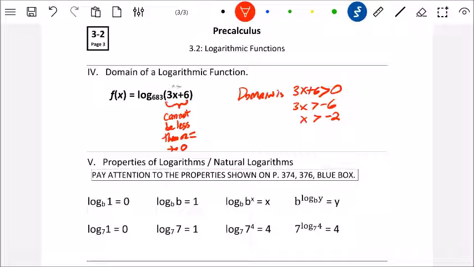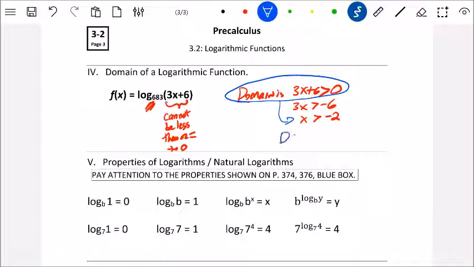Because if I put negative 2 in here, I get negative 6 plus 6, I get a 0. You can't have log of 0. Doesn't matter what the base number is, you just can't have 0. However, take a number greater than negative 2. Let's take negative 1. Negative 1 is greater than negative 2. So if I put negative 1 in here for the x, I get negative 3. 6 take away 3. So we'd have a positive number in there. So that's perfectly acceptable. So what you want to remember is to do this kind of thing. So the domain is going from negative 2 to infinity. Okay.